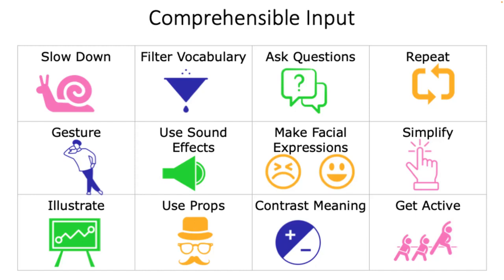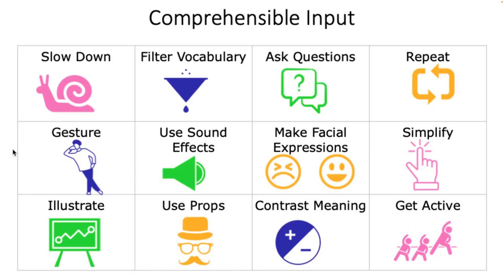So, one of the first things that we need to do to make ourselves understood to our students is to slow down. It's one of the most common things people will say when they're learning a new language, that the native speakers speak too quickly.